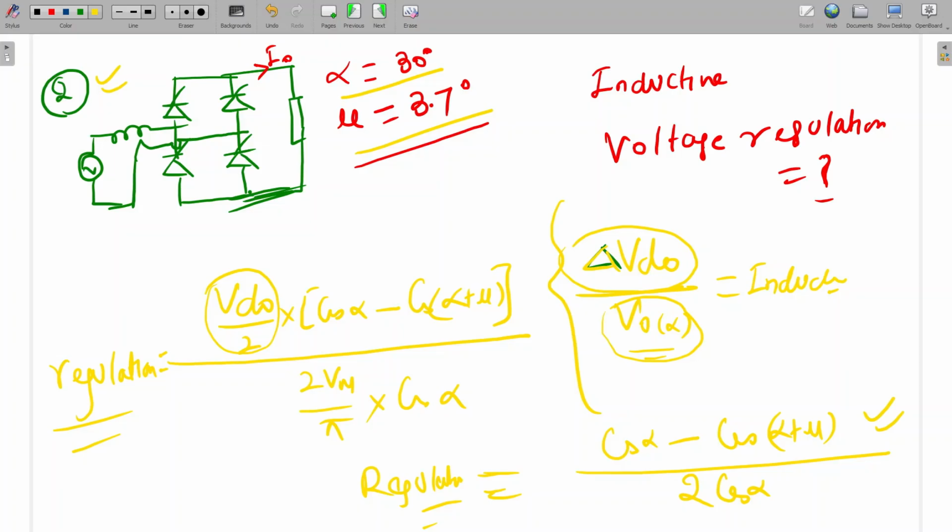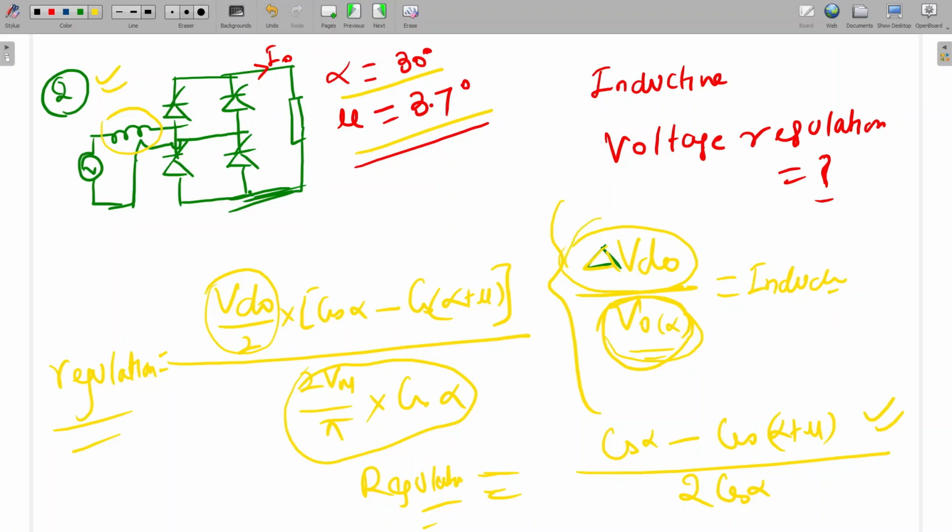Sir, for regulation, we will find no load minus full load by full load, no? No, here it will be a little bit different. Whatever voltage we are getting without drop, this is the actual voltage without drop. With no drop, what will be the output voltage? Due to this inductive nature, some drop will come.